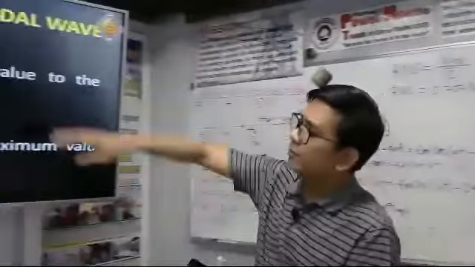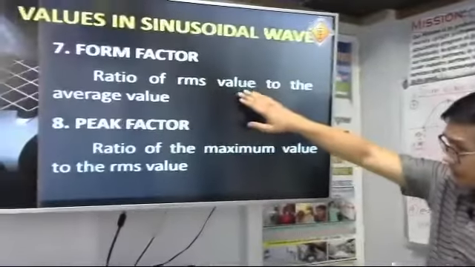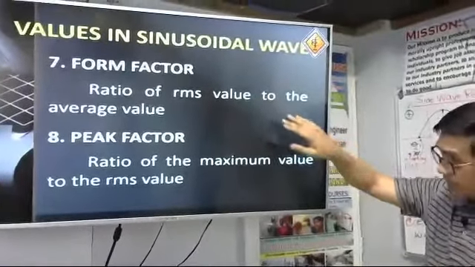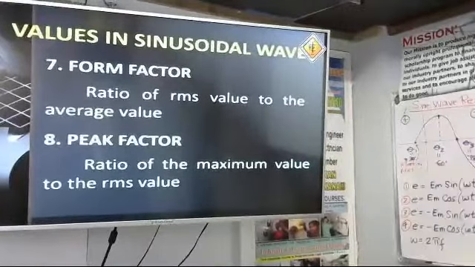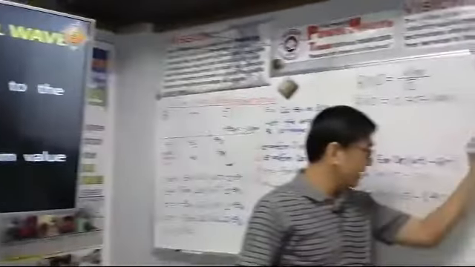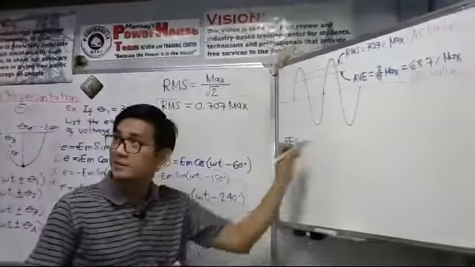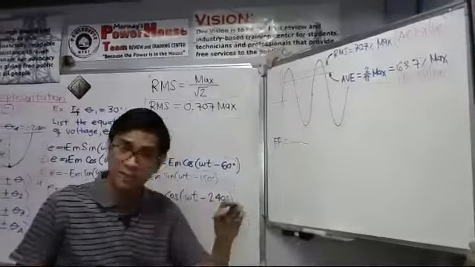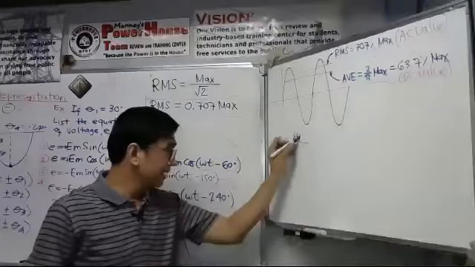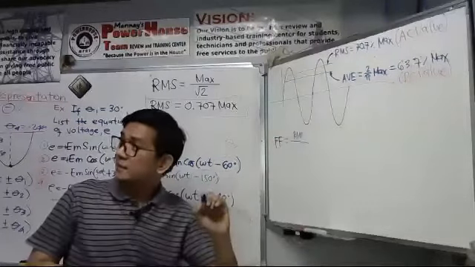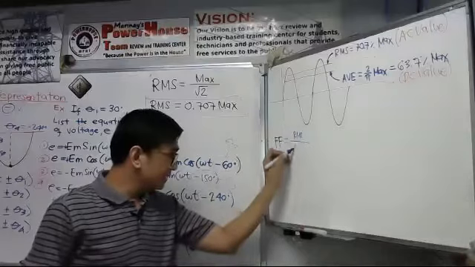So we have here the form factor, the ratio of the RMS value to the average value.